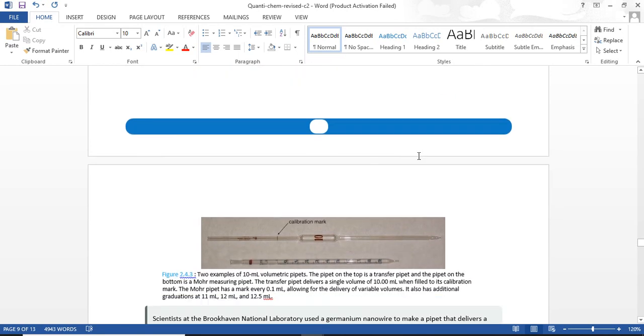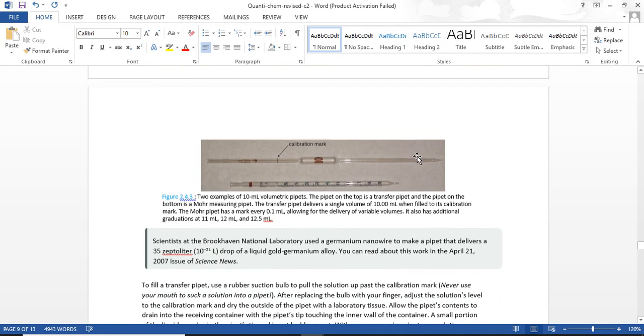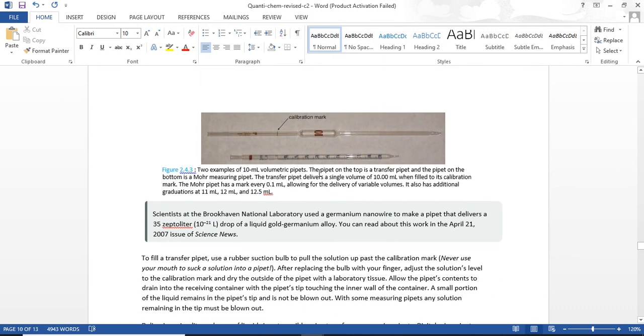We will deliver 10 mL with an accuracy of plus or minus 0.02 mL.